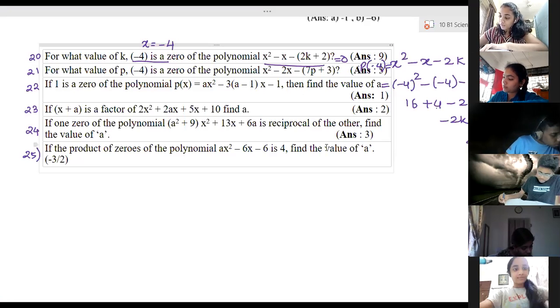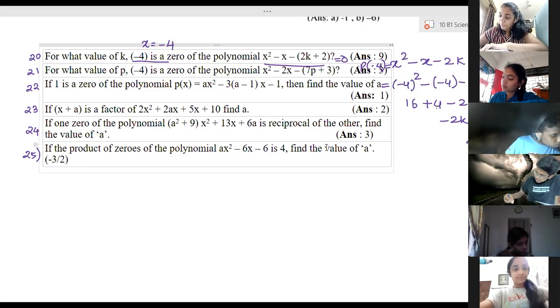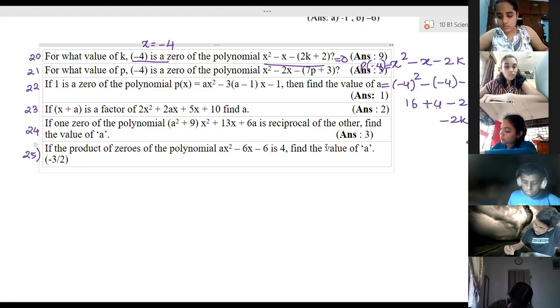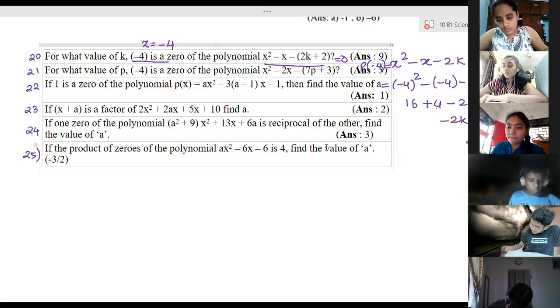Ma'am, I finished till 23rd question. 23rd, okay. 24th I'm solving. Rohan, join other ID. It is given in WhatsApp. Okay, ma'am. 430. Okay, ma'am.